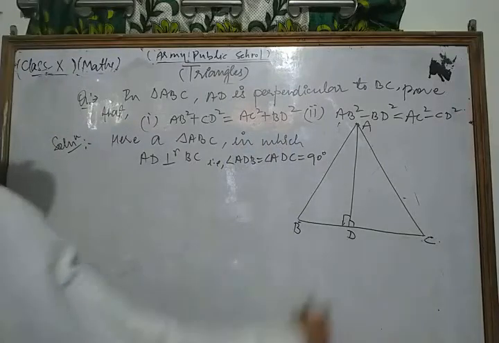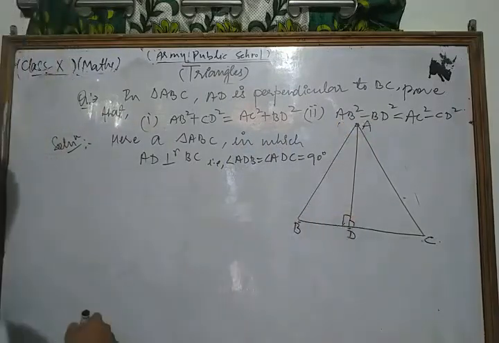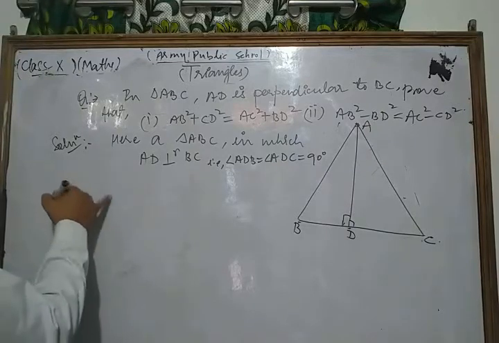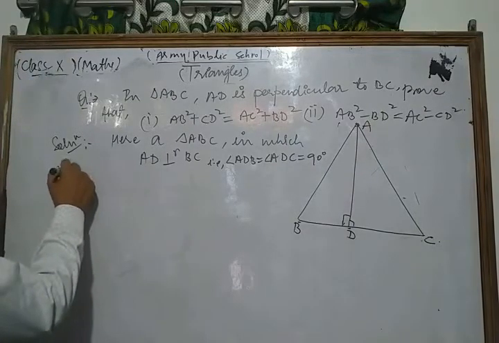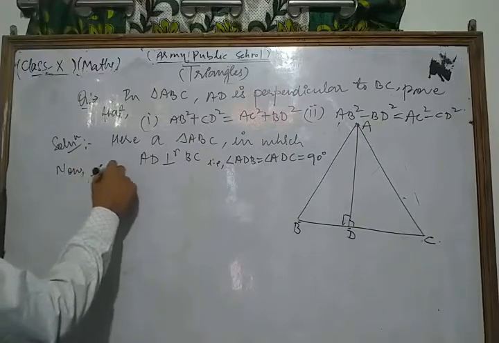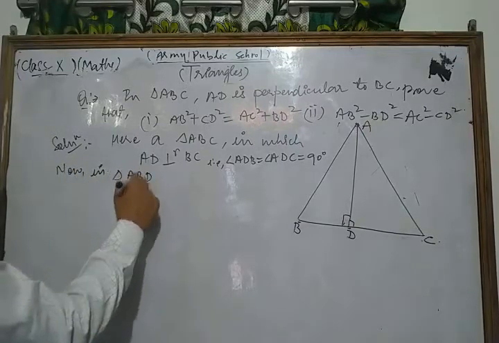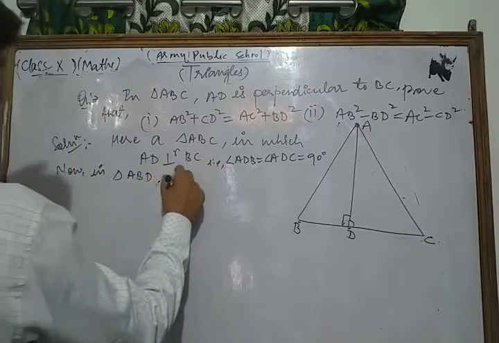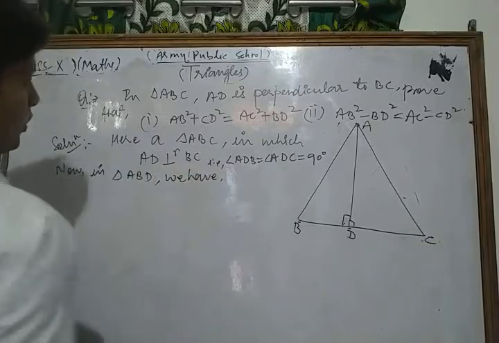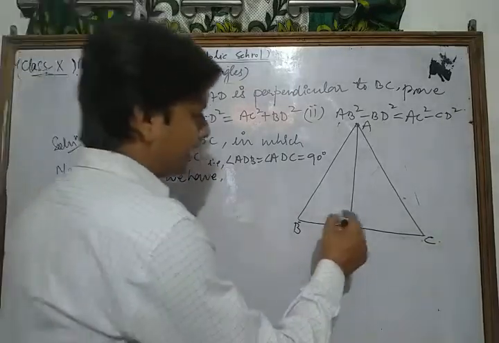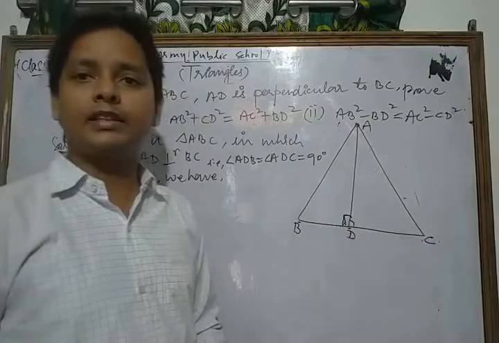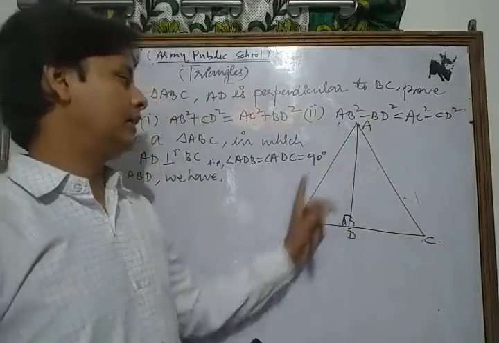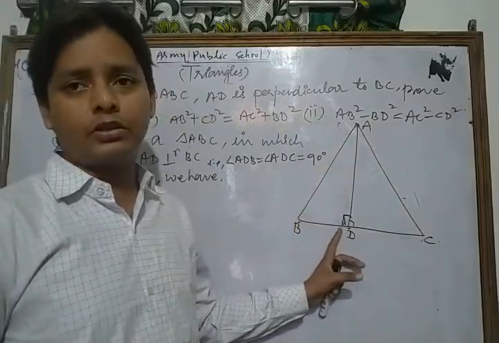Now first of all, in triangle ABD, which is right angled at D, we apply the Pythagoras theorem.